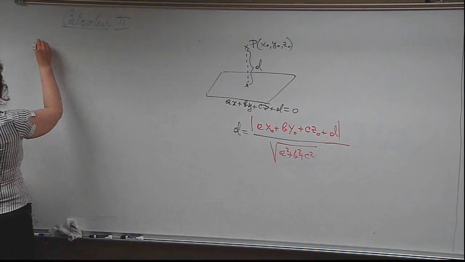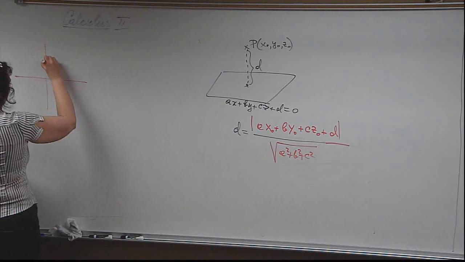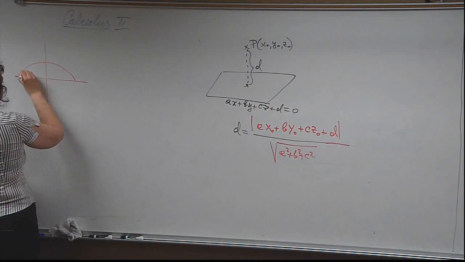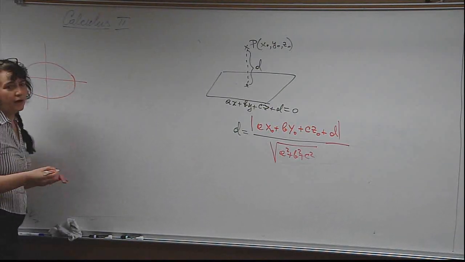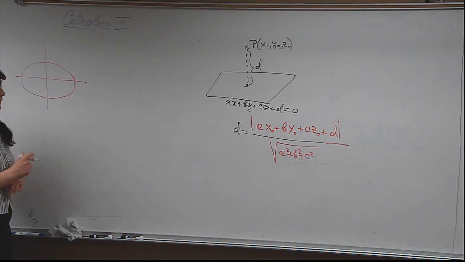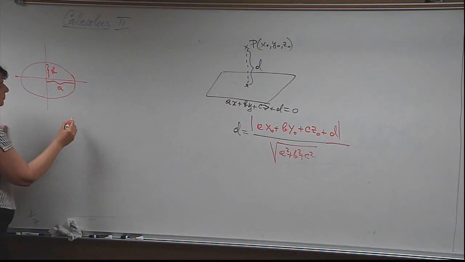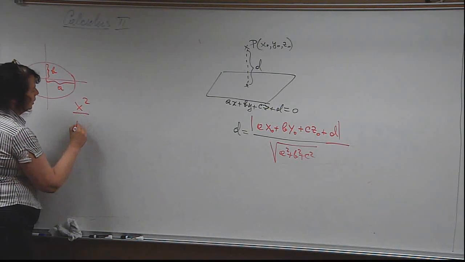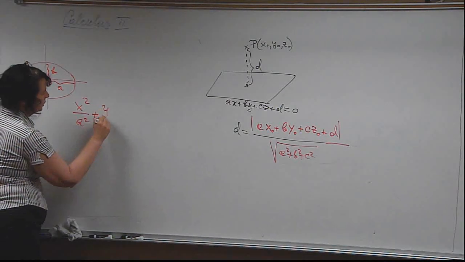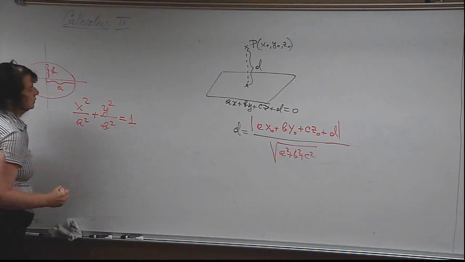I would like you to never forget, when you are in an exam, you may be asked the area inside of an ellipse, but if you don't know the standard equation of an ellipse, that's bad. So what is that? a, b are semi-axes: x squared over a squared plus y squared over b squared equals 1.